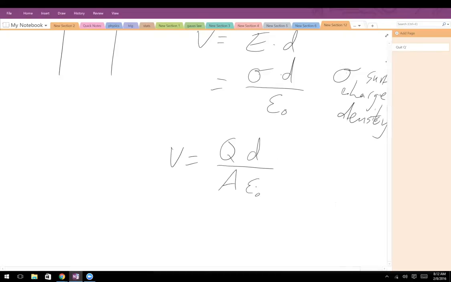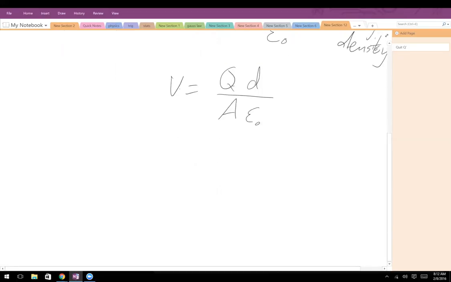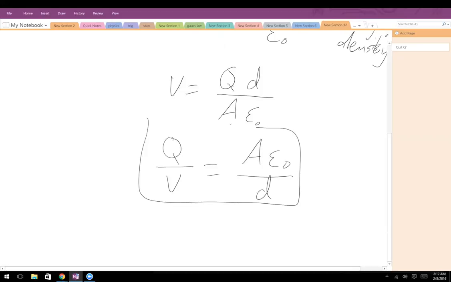All right. Okay. The point of it is, if I kind of try to separate the electrical stuff from everything else. So if I get this Q and this V on one side together, get everything else on the other side, I have Q over V would be A epsilon naught over D. The point of this kind of has like charge and electrical stuff in it.